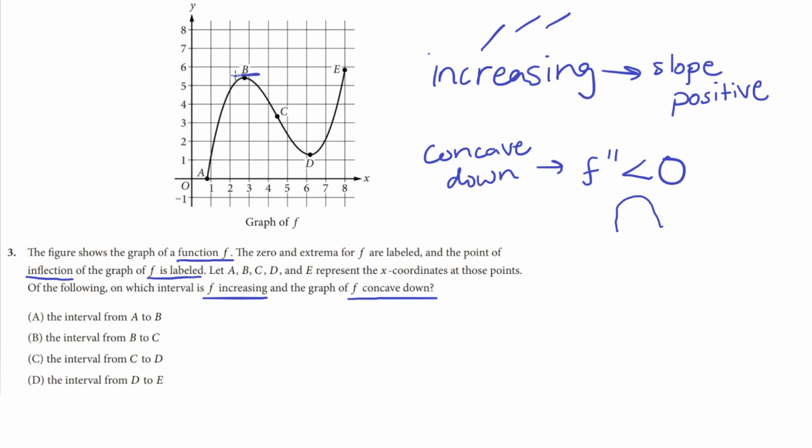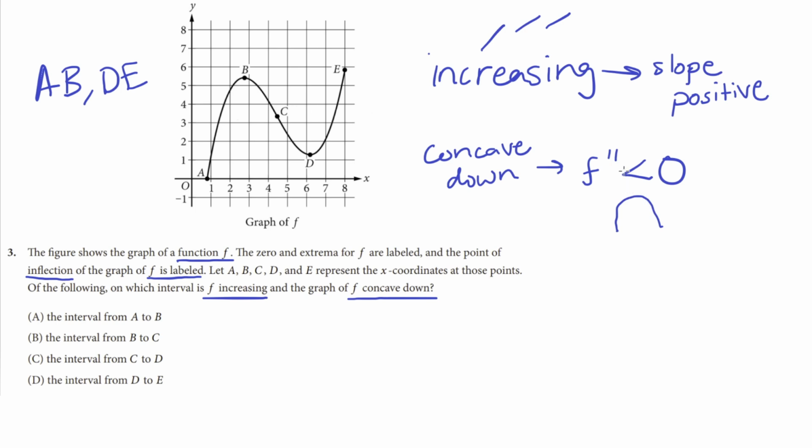At B and D here, the slope, the tangent, is 0. Okay, so AB and DE are increasing. Now we need to find out which one of these is concave down.